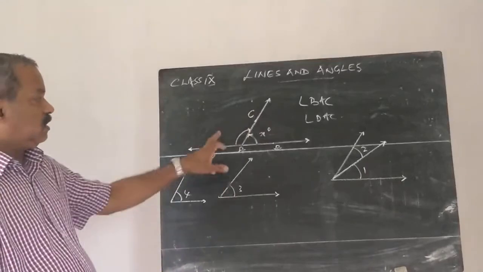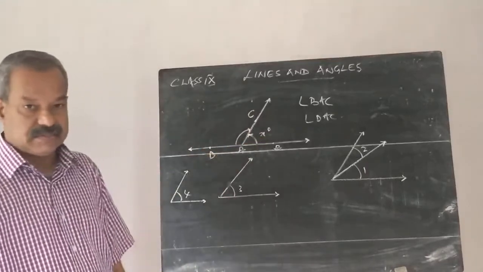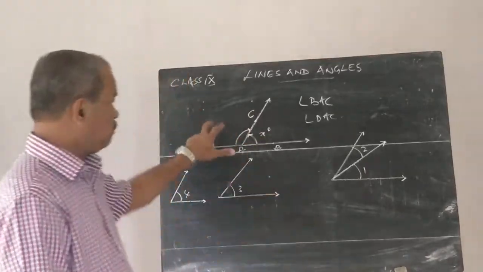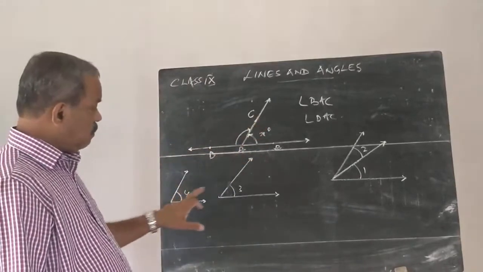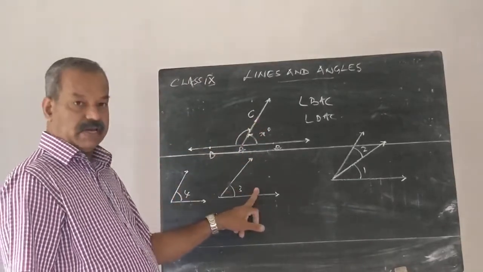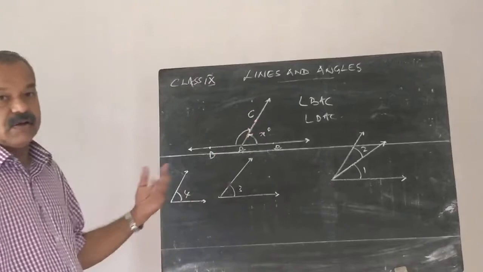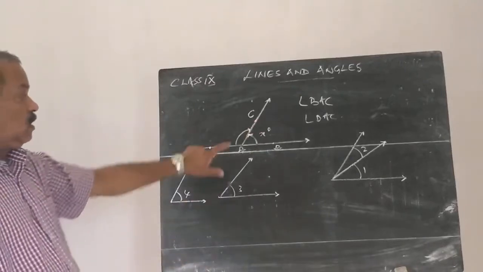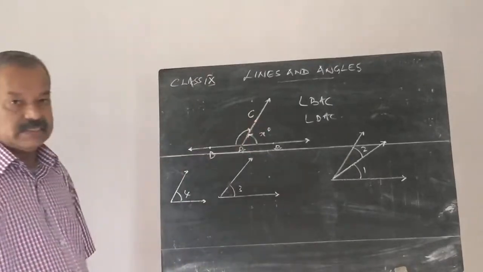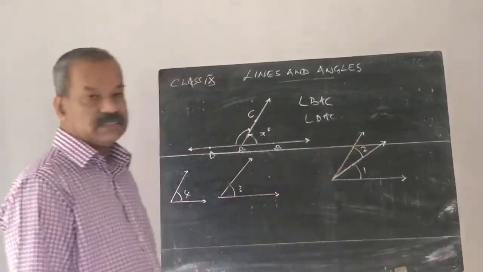We can consider this as a pair of angles, but they are not adjacent. These angles are adjacent angles.